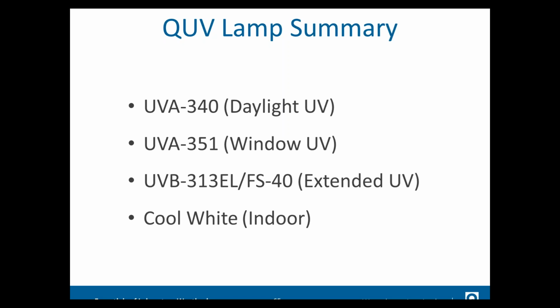And UVA 351 is designed with a peak at about 351 nanometers, which simulates sunlight behind window glass. The UVB 313 and the QFS 40 are designed to give you shortwave UV that's not realistic, but allows for a faster test on durable materials. And then the last one is cool white to simulate office environments.